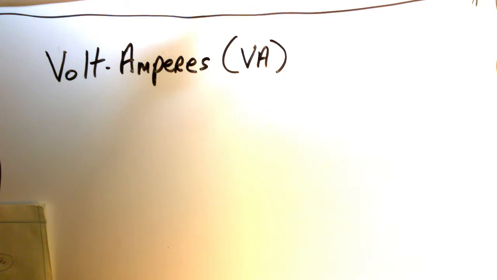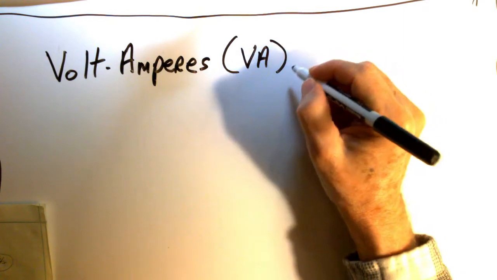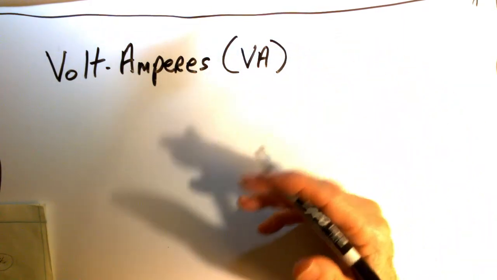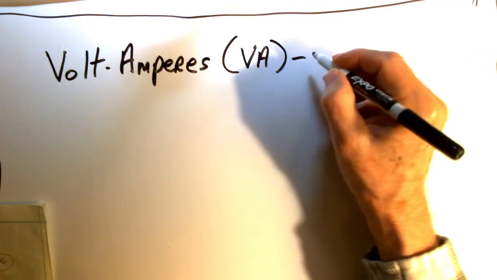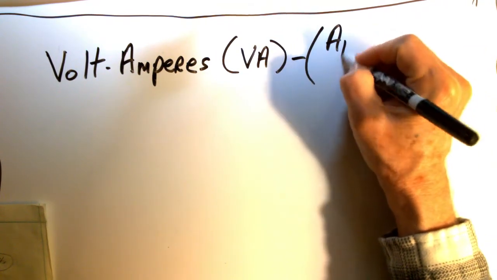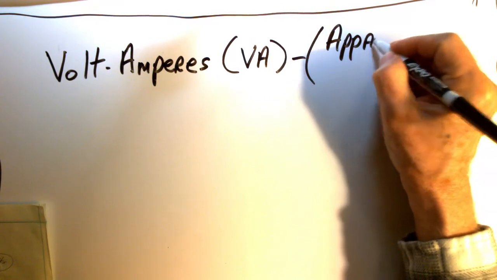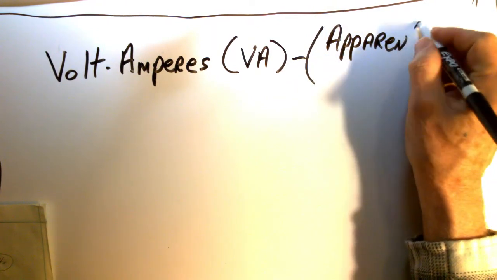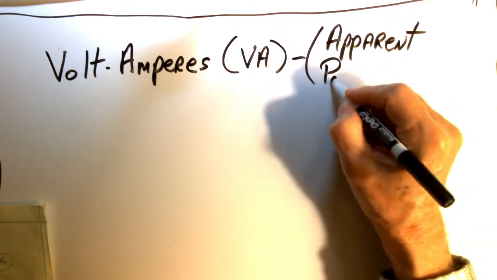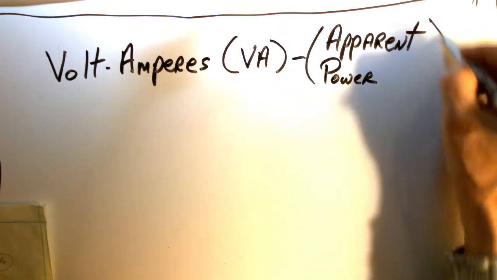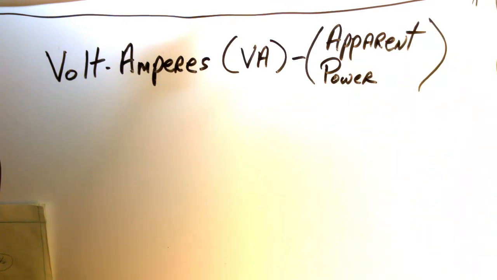It sometimes has another name, and in this application, we don't call it by that name, but the other name is apparent power. It has that name to distinguish it from real power. And there's a long discussion of history that goes with that. We'll stay out of that.